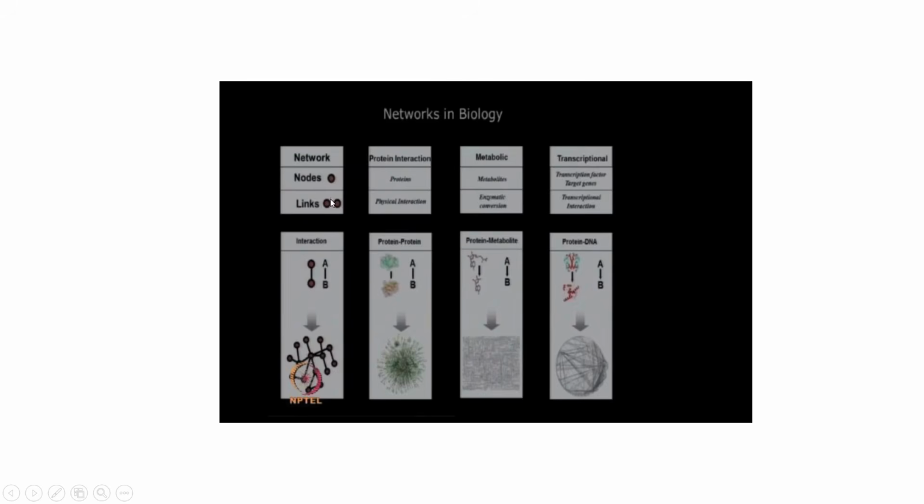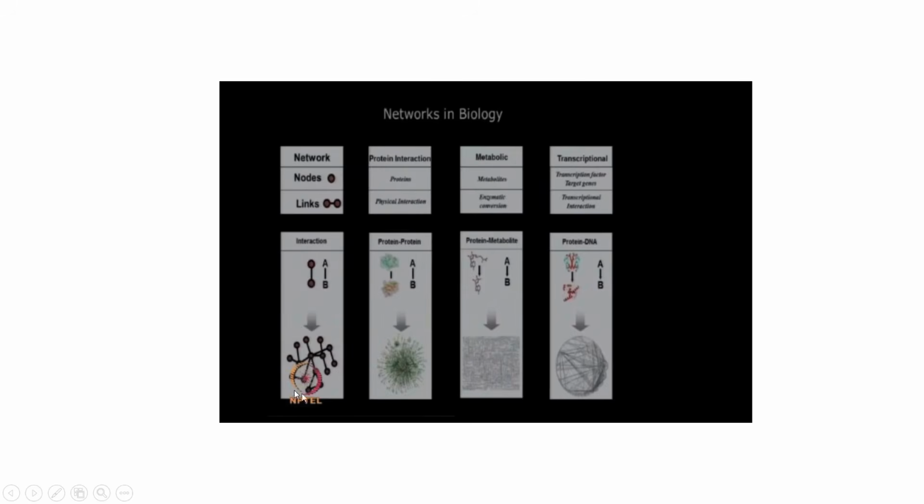So if this protein is given a link with another, they have some properties together. Either they are interacting or they are sending some information, etc. So this is how a network in biology is shown in pictorial representation.